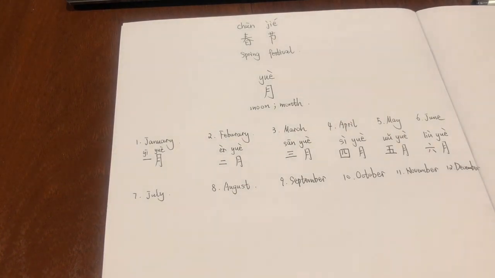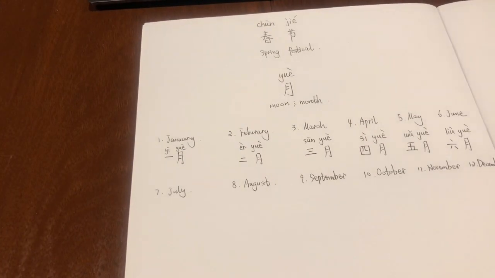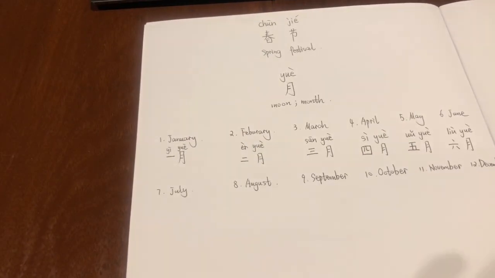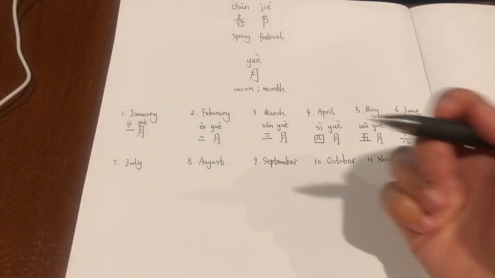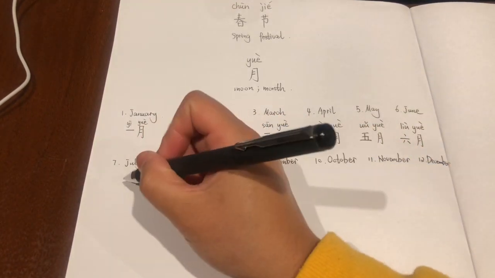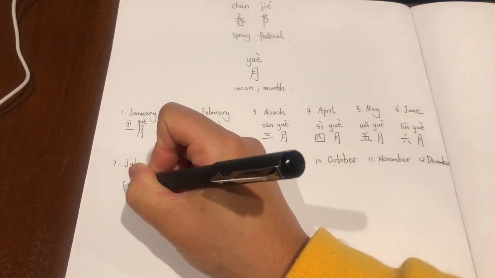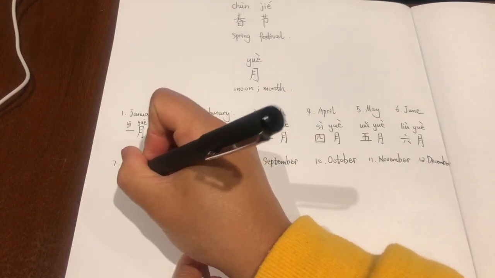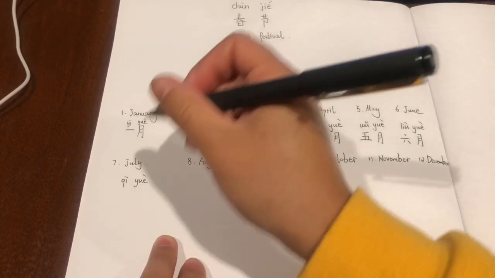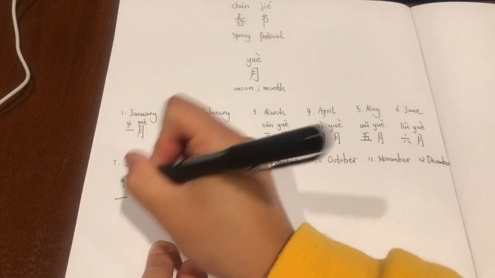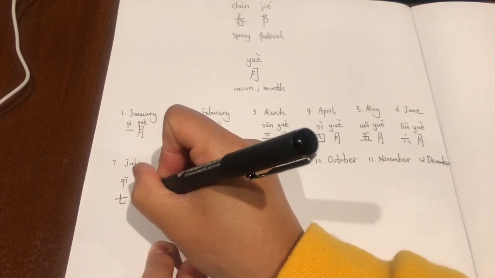July. And now let's write July. July, which is the 7th month, we go with number 7, QI, and 月, YUE. 7, horizontal stroke, swan hook, and 月.